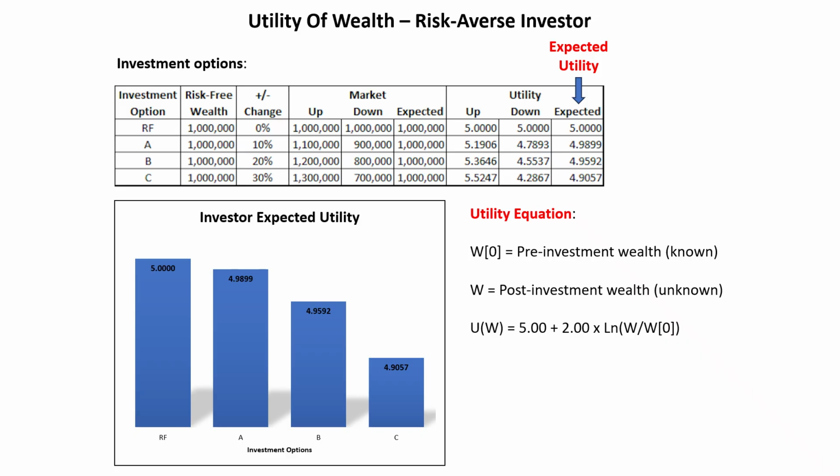So our utility equation from part one is: utility of our wealth is 5 plus 2 times the log of the ratio of our post-investment wealth, which is unknown, divided by our pre-investment wealth, which is known. That utility equation is reflected in the table above.